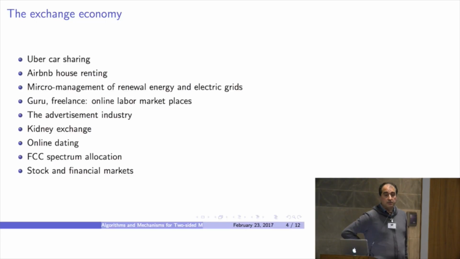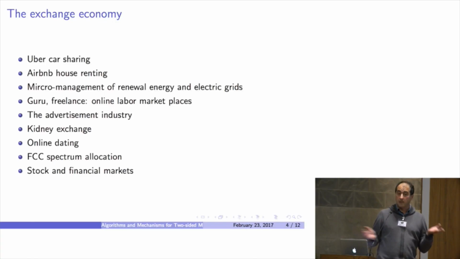Certainly the advertisement industry, where brands like to advertise their own products and publishers make available spaces for advertising these products. Also tools for exchanging kidneys for transplants between donors and patients.